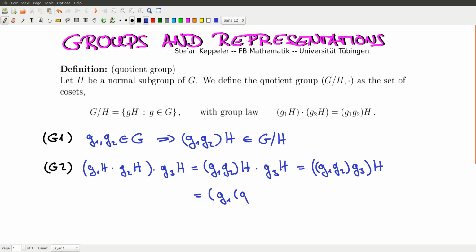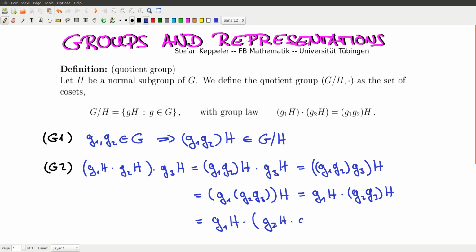So g1 times g2g3, the last product first, and the whole thing times H, and that's g1H times g2g3H, and that's the same as g1H times g2H times g3H. But now the last product has to be performed first.